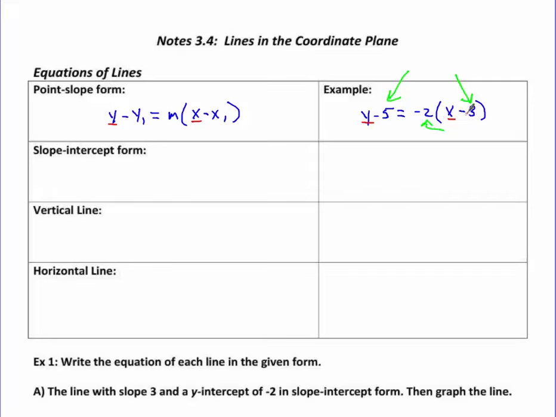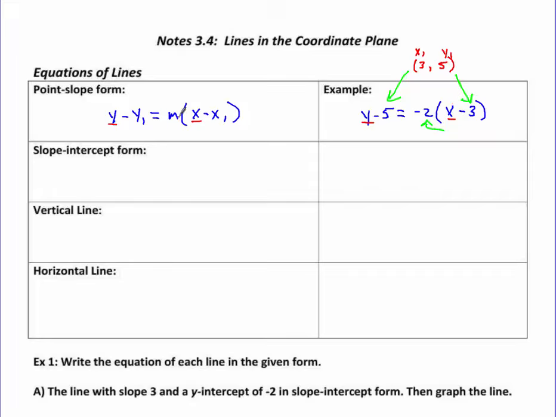The negative 5 and the negative 3 equate to a point, and that point would be 3 comma 5. If you look back over, it's because our equation says y minus y1, so that's y1, and that's x1. So y minus y1 is y minus 5, and x minus x1 is x minus 3.